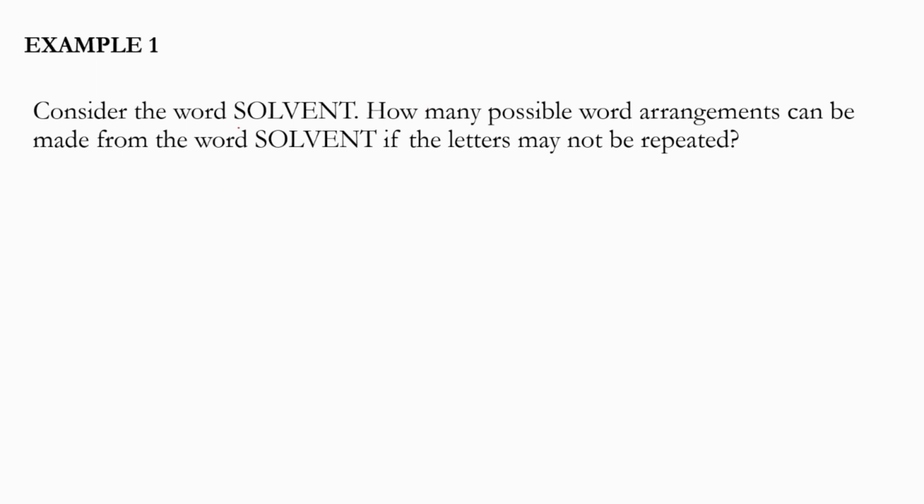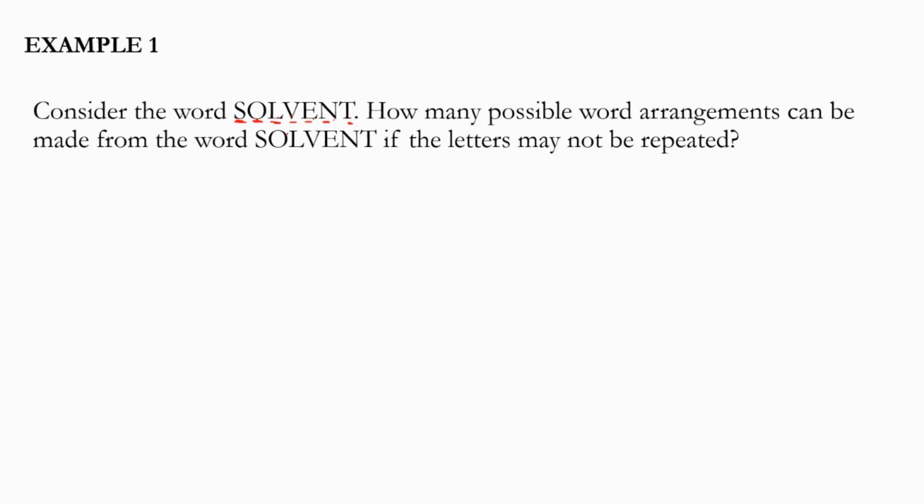So we have a space for the first letter, second letter, third letter, fourth, fifth, sixth, seventh. For the first letter, we have 7 choices. Then for the second letter, we have 6 choices. Third letter, 5 choices, 4 choices, 3 choices, 2 choices, and then 1 choice there.